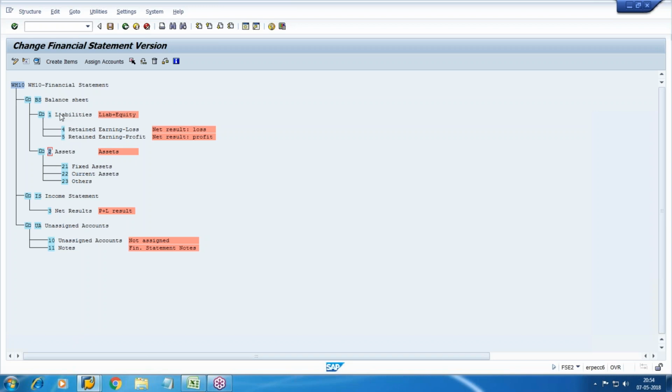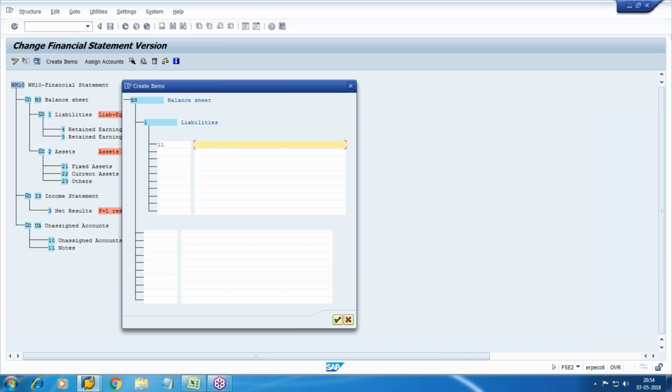Similarly, under liability you can add create items, equities, then loans, current liability. Eleven is already there.